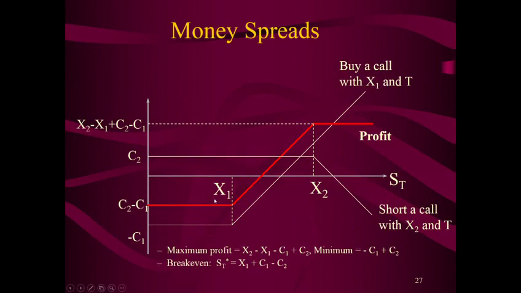So the bull call spread is going to look like this. You long a call at X1, you short a call at X2. Horizontal and horizontal remains horizontal; upward sloping and horizontal give you upward sloping. I'll help you draw this so that when you look at subsequent diagrams, it becomes clearer for you.